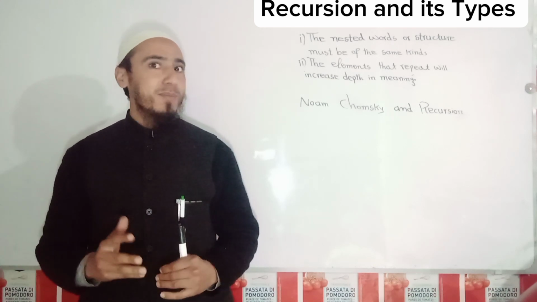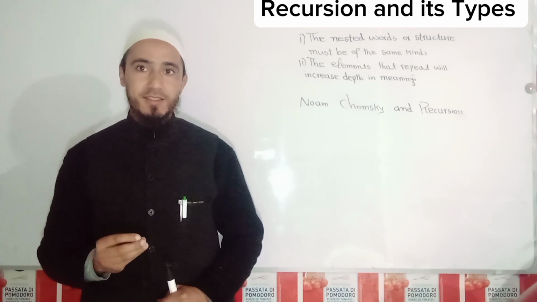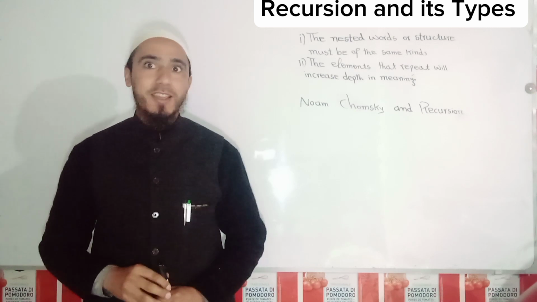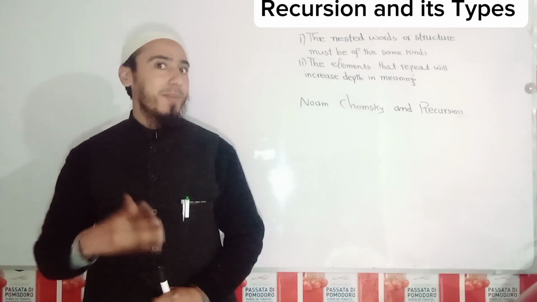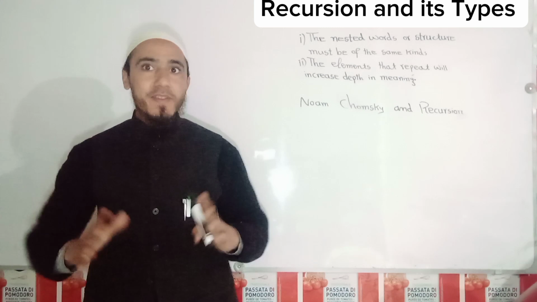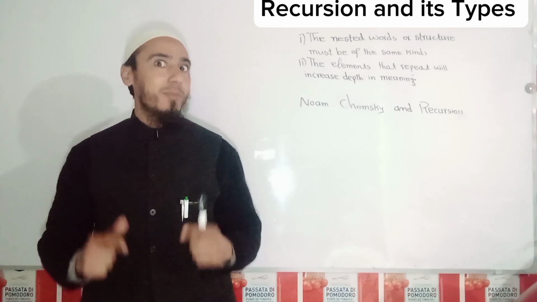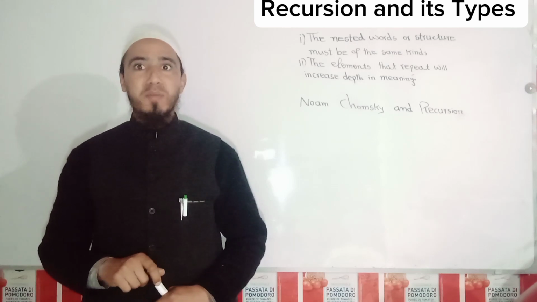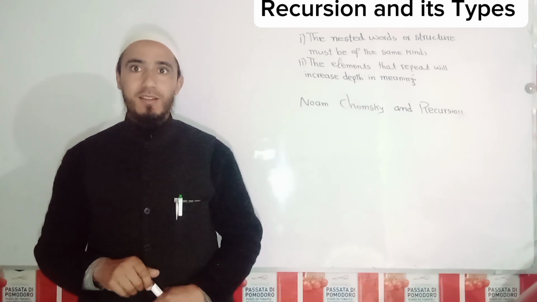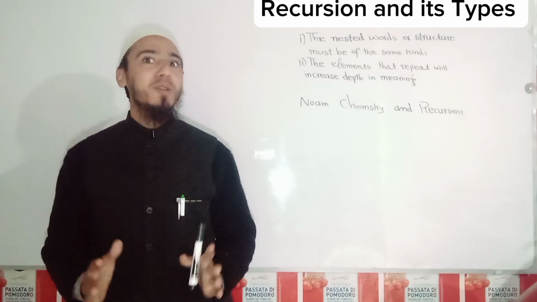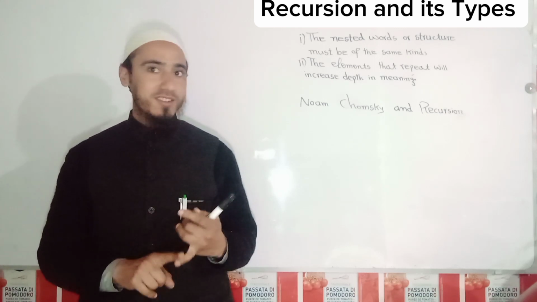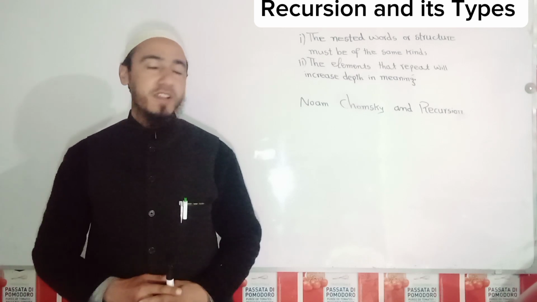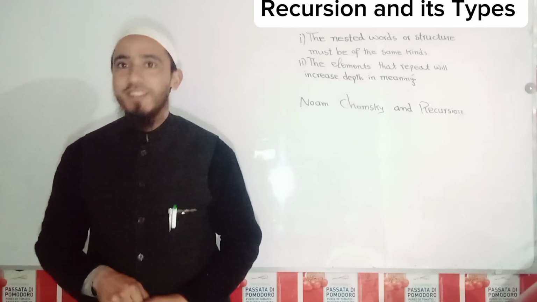The basic principle of generative grammar is that a human being is born with innate capacity, innate ability, and there is a certain set of rules shaped in the mind and brain of a human being. Then even a common human being is able to understand and distinguish the difference between correct and incorrect sentences.